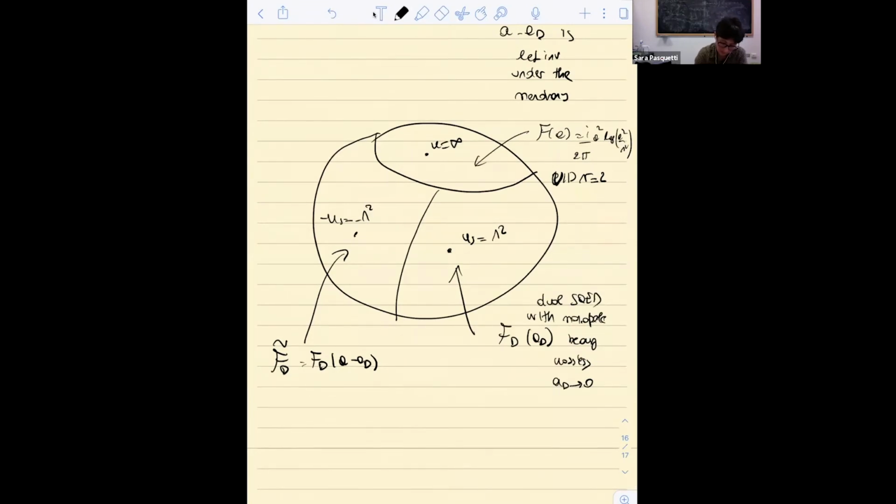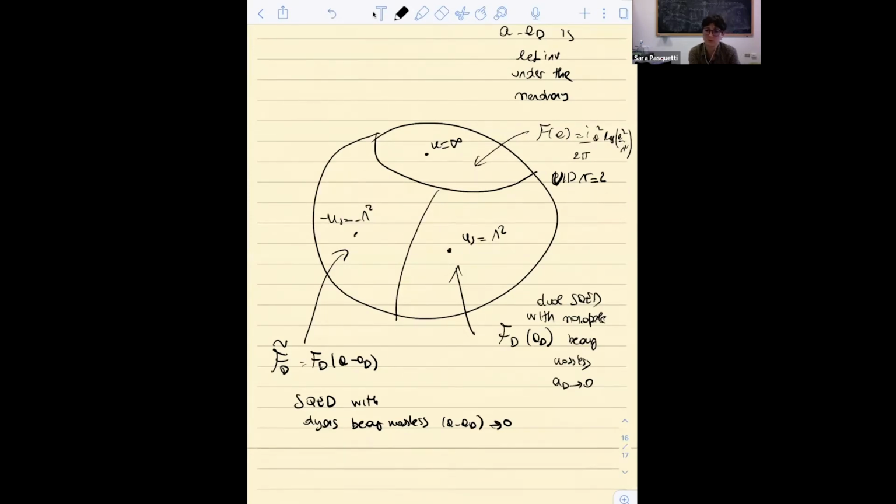So here we have again a super QED with dyons becoming massless, and the mass is proportional to A minus A dual going to 0.